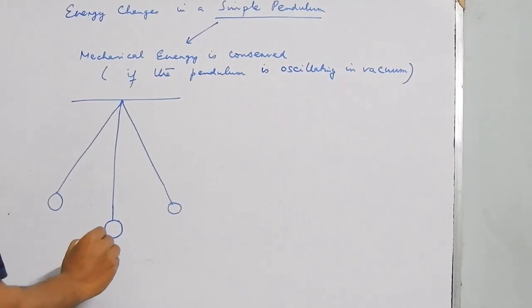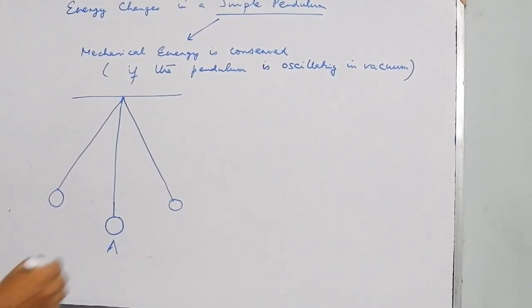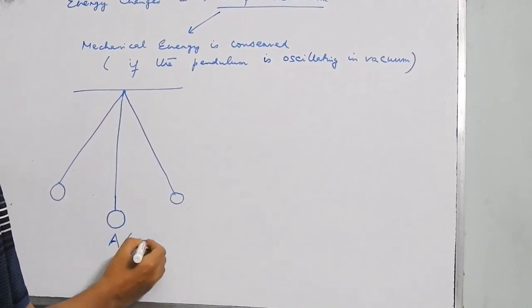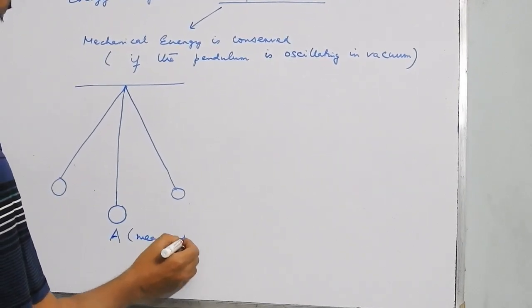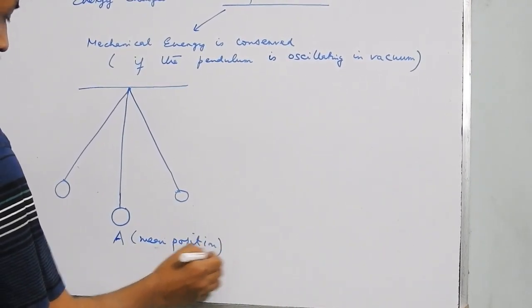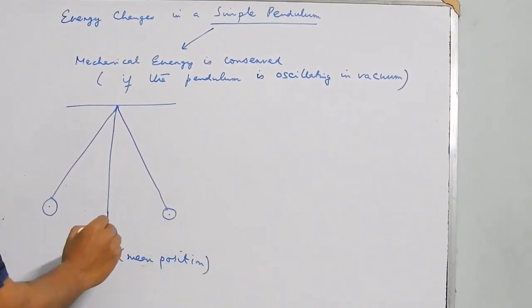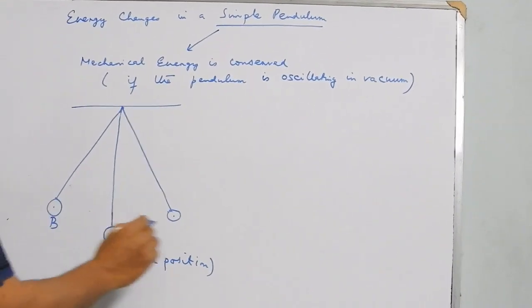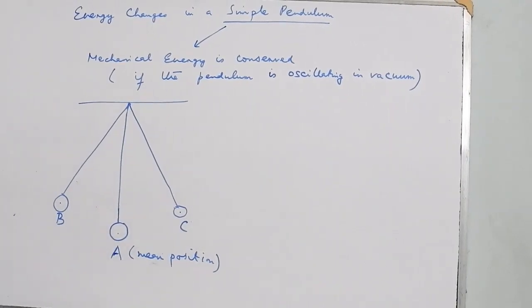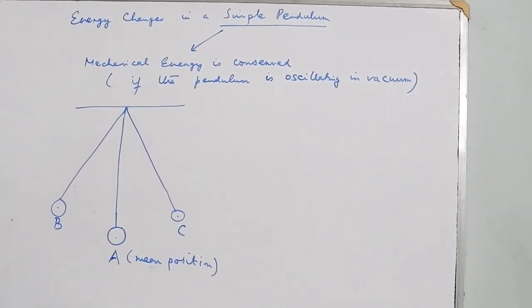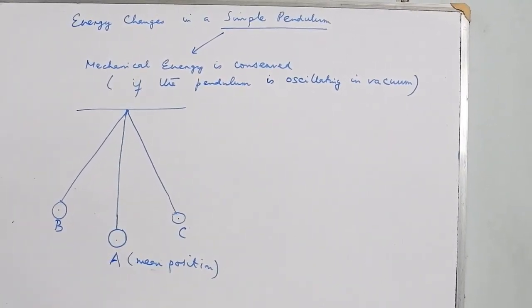Suppose the point A refers to the mean position or the equilibrium position, and point B and point C refer to the extreme positions on the left hand side or the right hand side of the mean position, the two extremes.